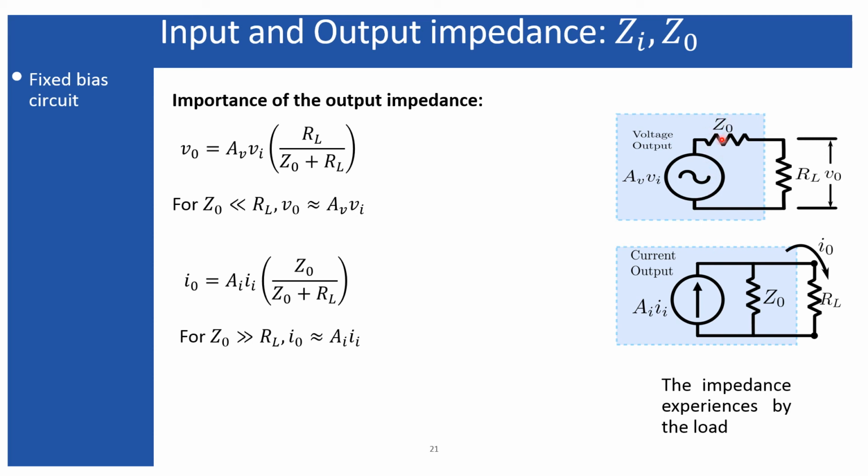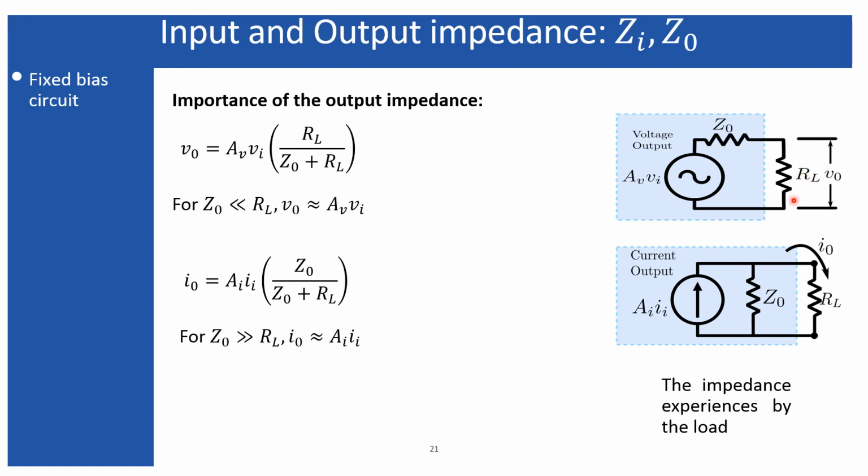So if this output impedance becomes comparable with the load impedance RL, some part of the amplified voltage will drop across its own output impedance, and that will not appear across the load impedance.